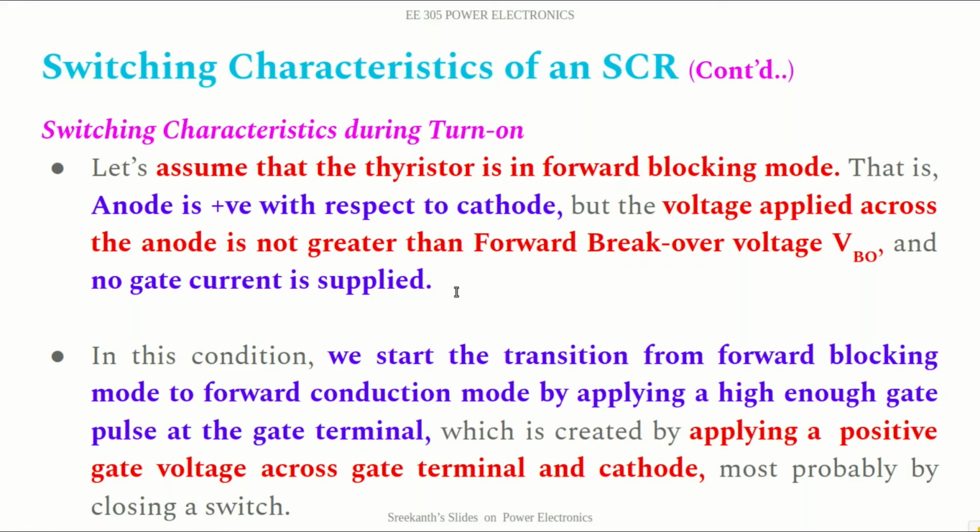If you remember, you had a secondary voltage that was connected between the gate terminal and the cathode. You simply close a switch so that the circuit gets completed and a positive voltage gets applied across the gate terminal and the cathode.